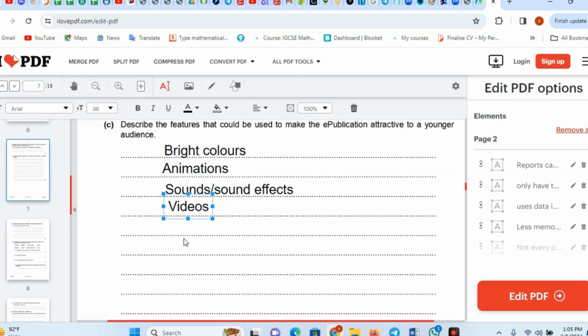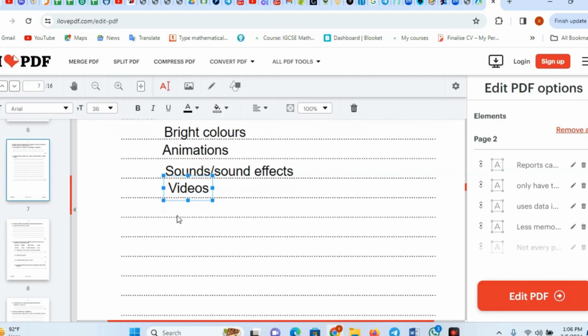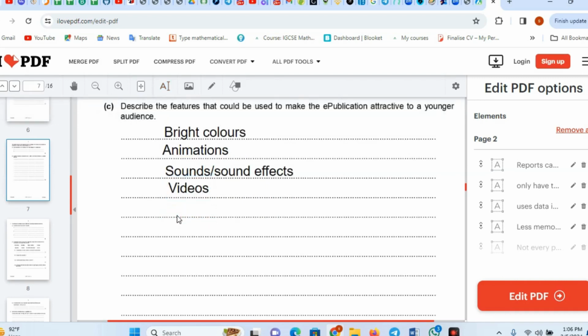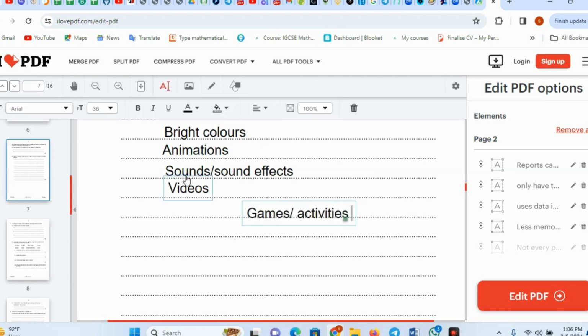All right. So these are the features that should appear in your application. You can also put games, and activities can be included.